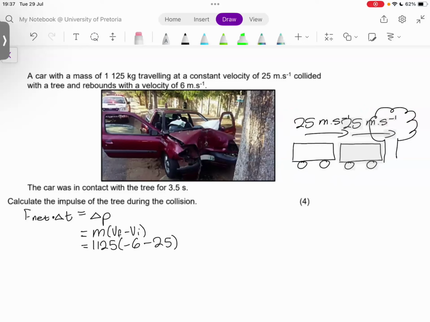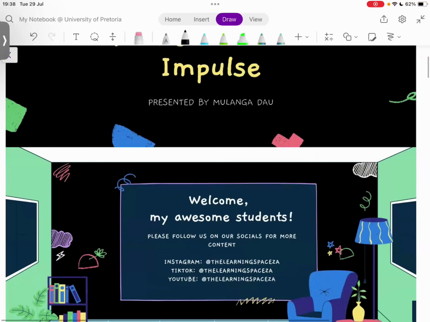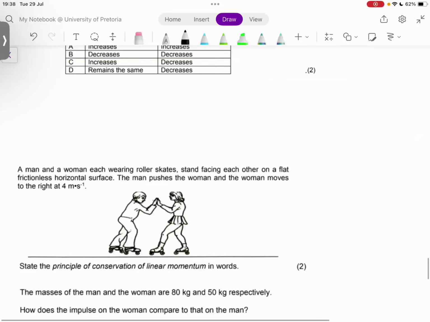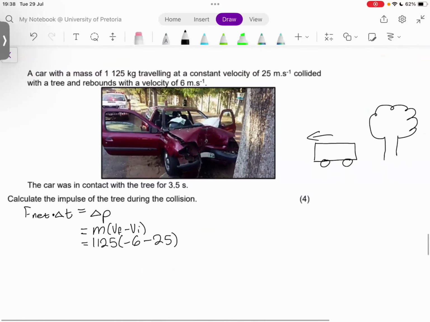It then collides with the tree for 3 seconds, after which it bounces back and has a velocity of 6 meters per second. Cool.